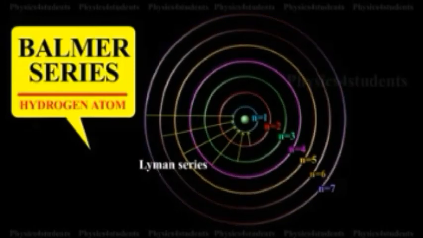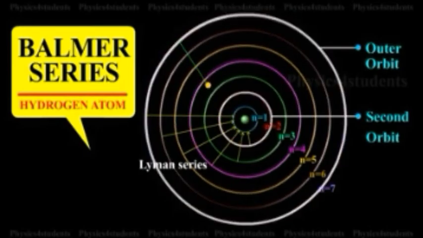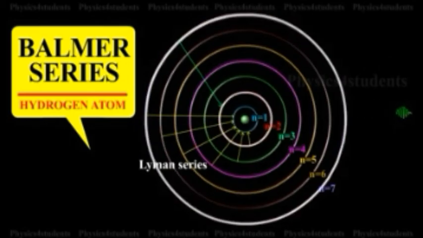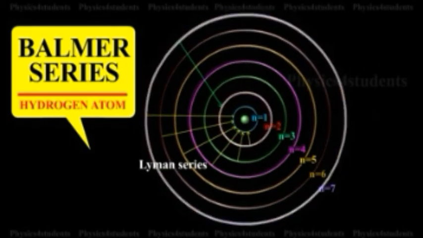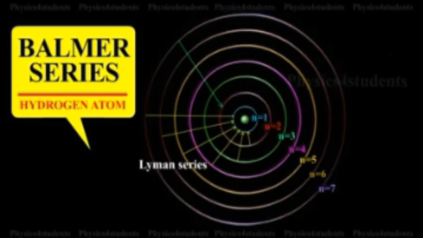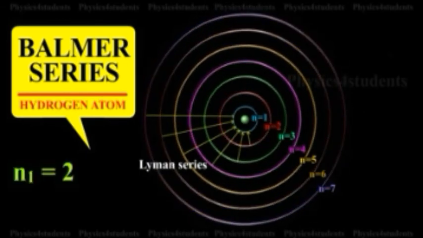Let us know about the Balmer series. When the electron jumps from any of the outer orbits to the second orbit, we get spectral lines called the Balmer series. All the lines of this series in hydrogen have their wavelength in the visible region.